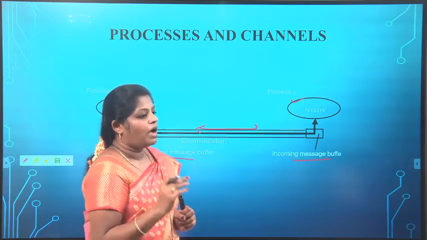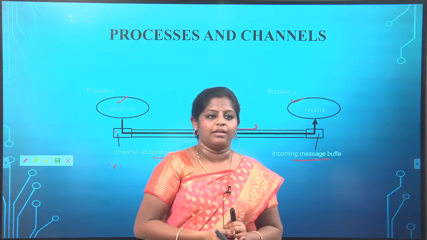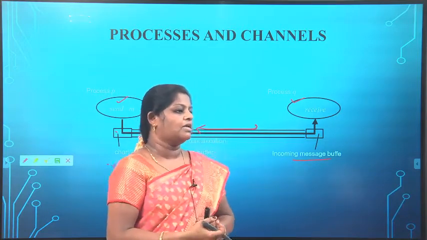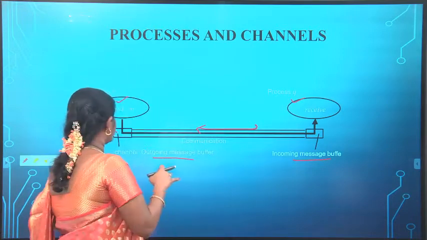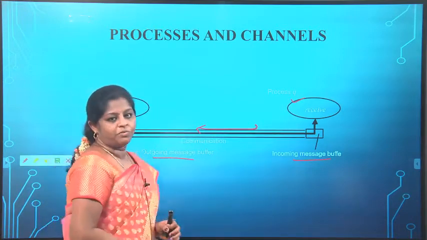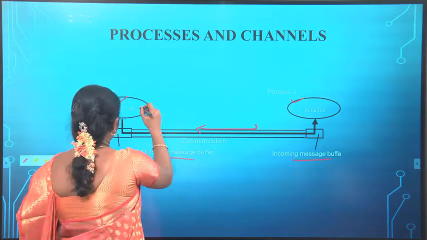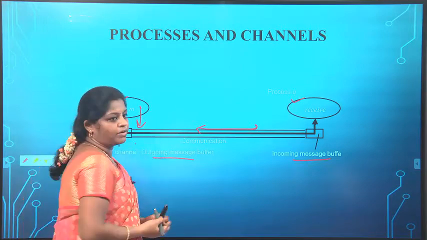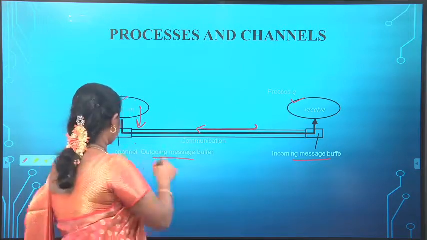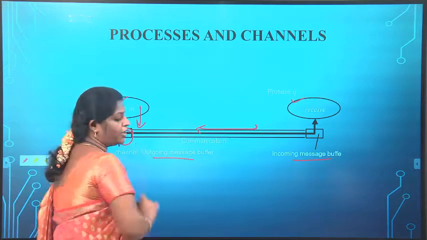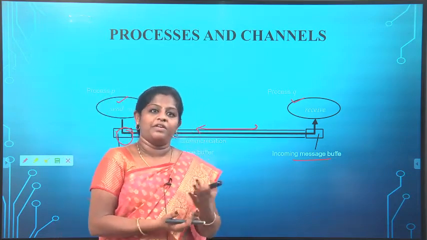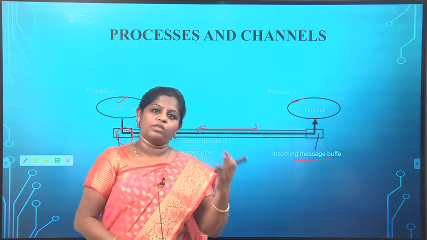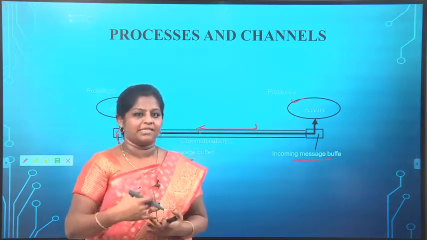How can you say that it is a send omission failure? Send omission failure means the loss of messages between the sending process and the outgoing message buffer. That means the sender is sending the message continuously to the buffer, but it is not reaching the outgoing buffer. Before using WhatsApp, we used only text messages.